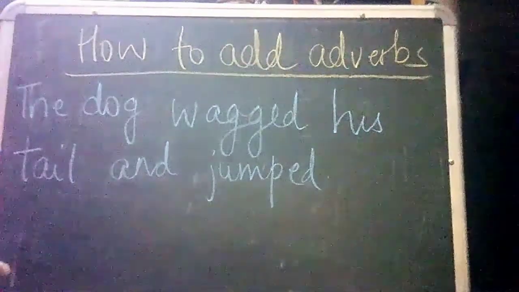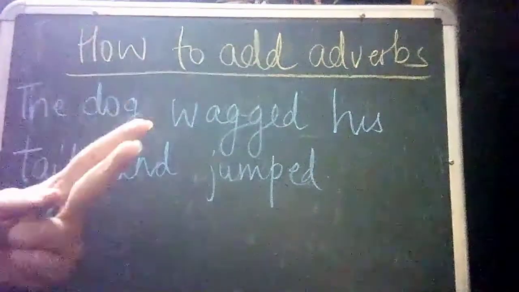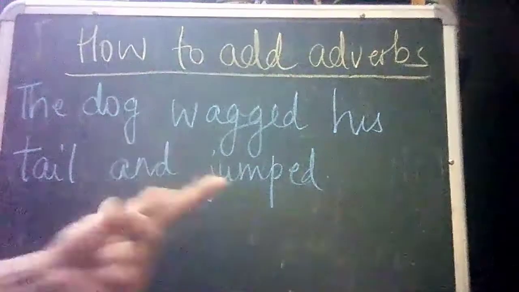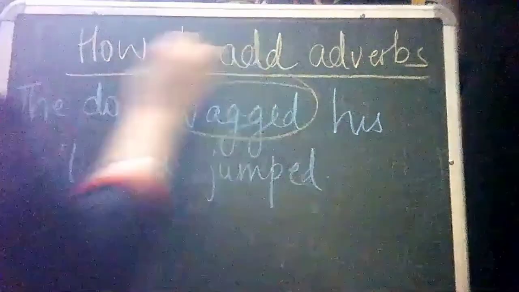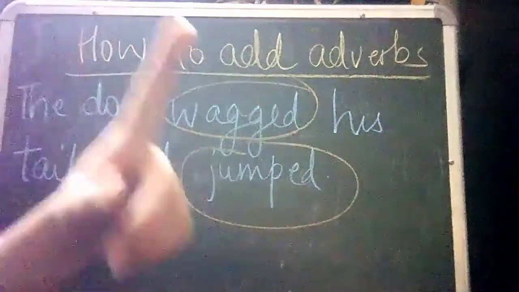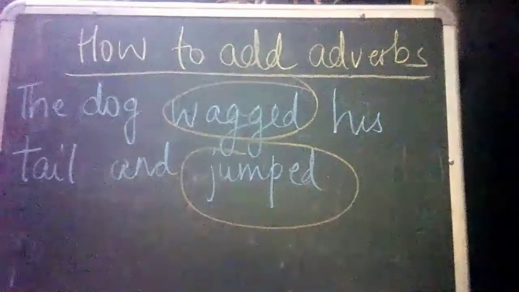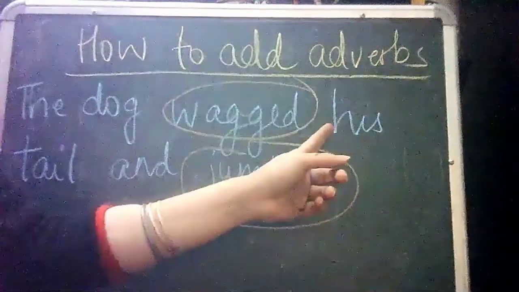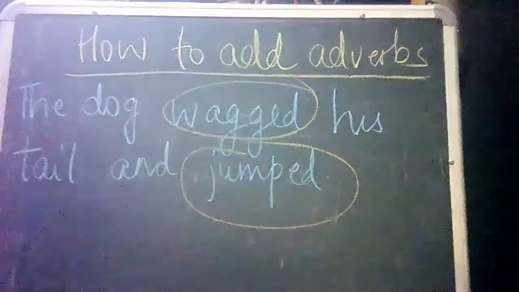So pause the video and write adverbs which will be modifying wagged and jumped. You'll have to write two adverbs which will modify wagged and jumped. You can take 10 seconds thinking about words and then writing them.